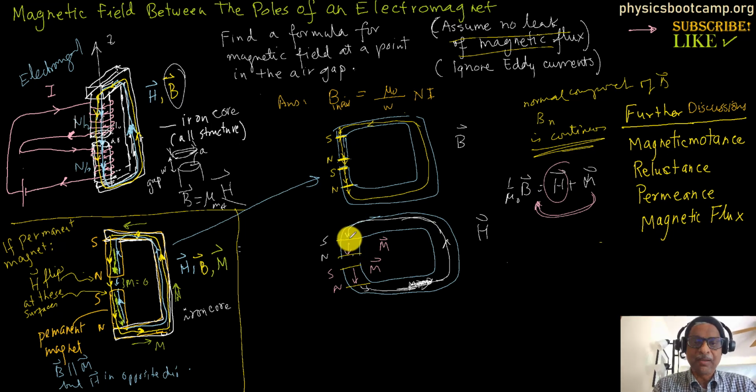So instead of this way, H will be that way. Now B and H will have to be parallel in this place. So B is in here, B is this way, and in this gap M is 0. So if M is 0, then these guys are parallel, so the H will have to be that way. So you can see the H kind of flips around as it goes through the magnetizable material.